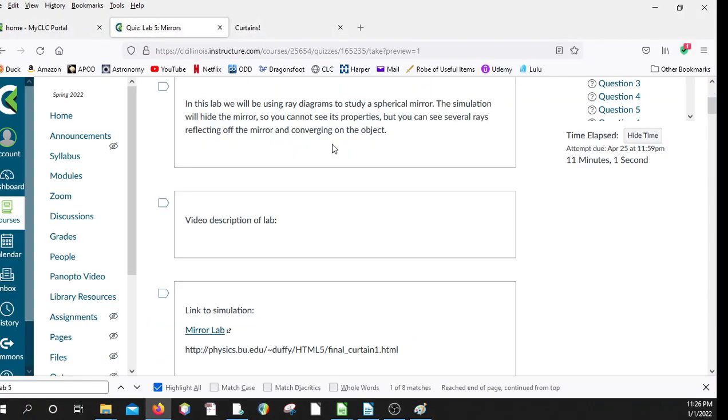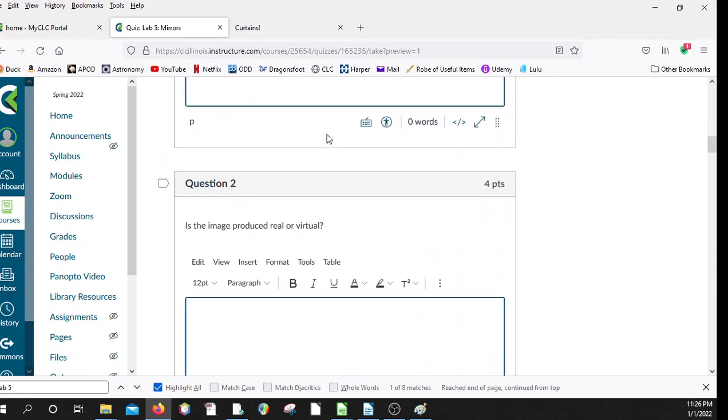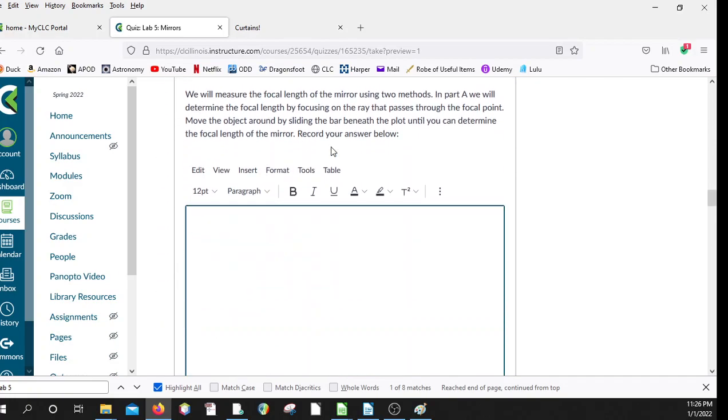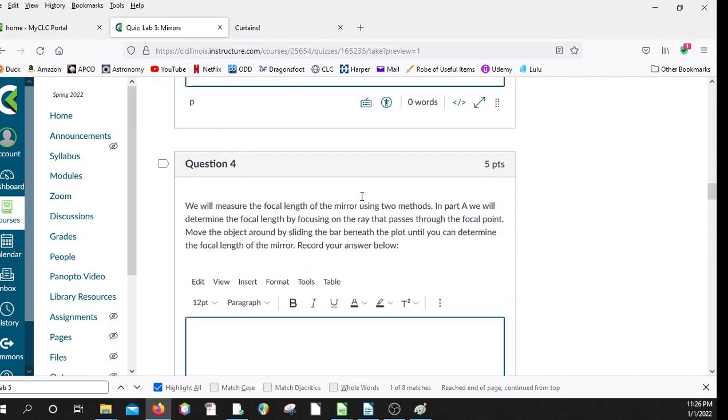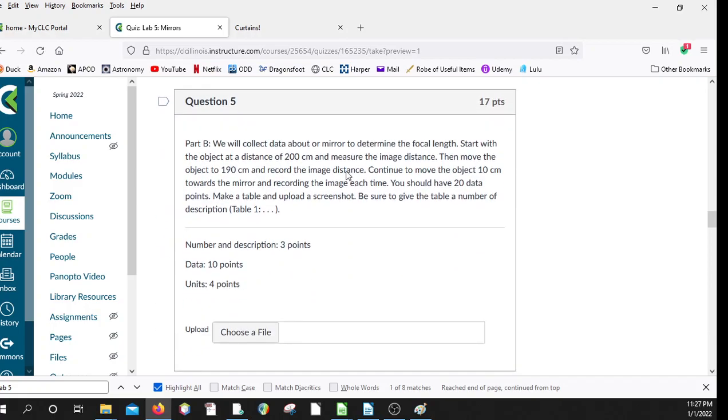So if we go back to the actual lab, I'm going to adjust this after recording the video, but we've got all this stuff here. There's a few questions, but now we're on part B. So we collect all this data, and then we're going to make a table using a spreadsheet, and then you just take a screenshot of that.